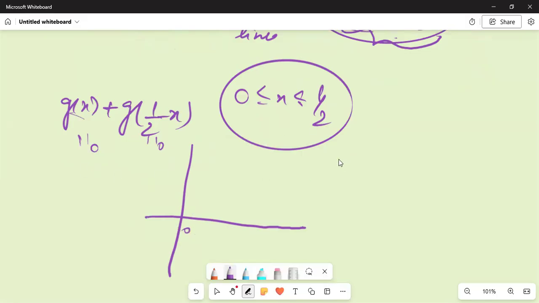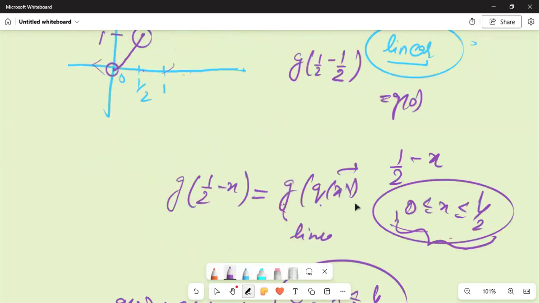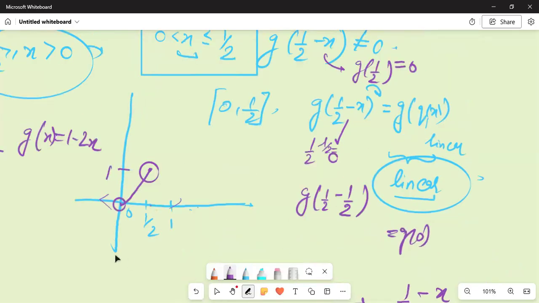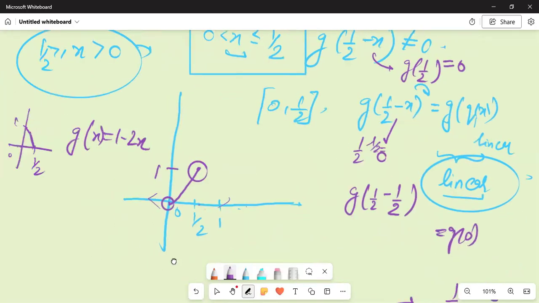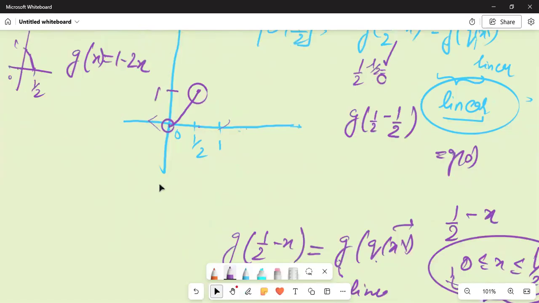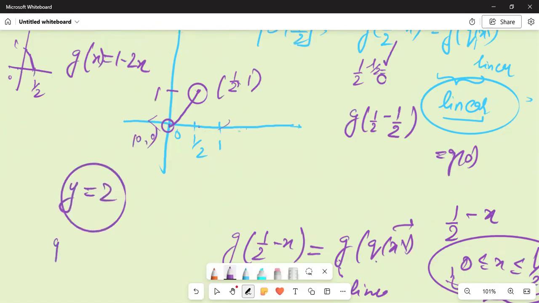What is the definition of g(x) on this interval? 1 - 2x. And if you try to obtain the equation of this straight line, since the points which are joined are (1/2, 1) and (0, 0), you will get the line y = 2x. So g(1/2 - x) has the equation 2x.